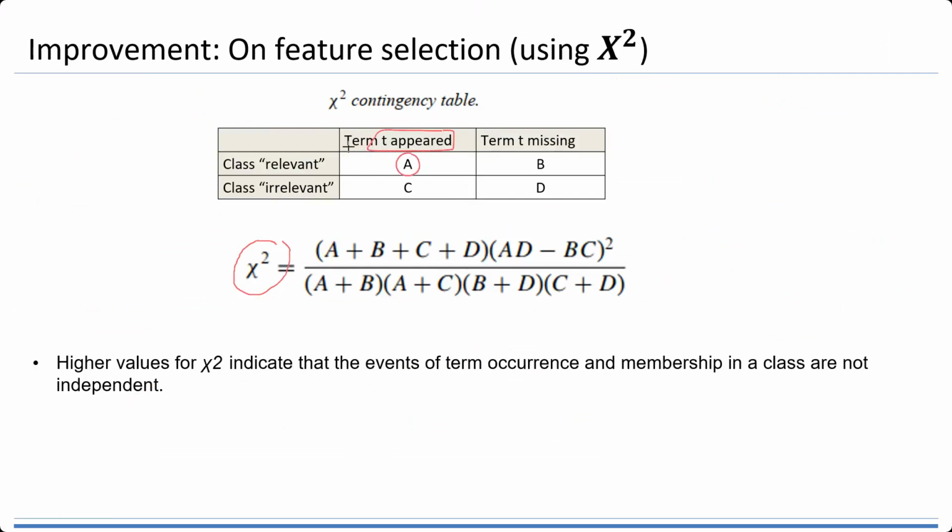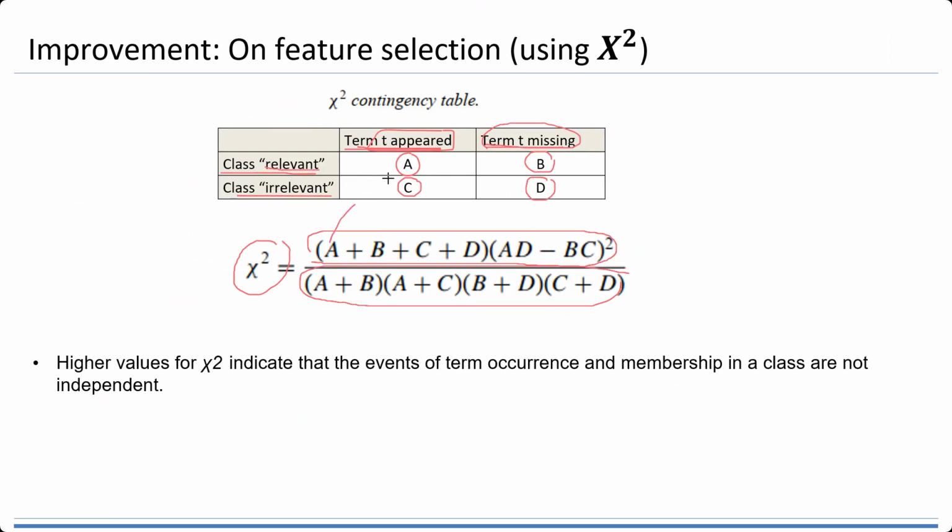If the term T appears in the class relevant, we have A. The term T missing in the class relevant, then we have B. If the class irrelevant, if the term T appears, we have C, and we have the term T missing, we have D. So you can calculate by this formula.